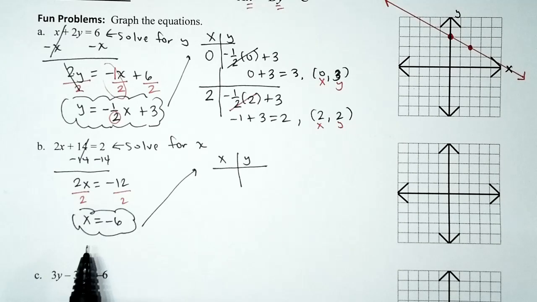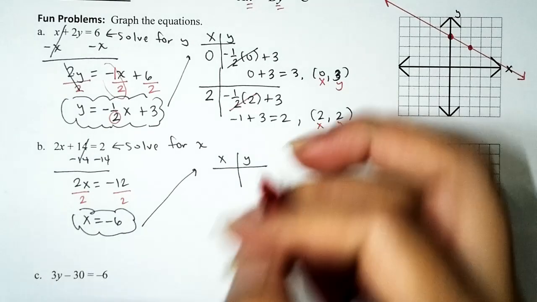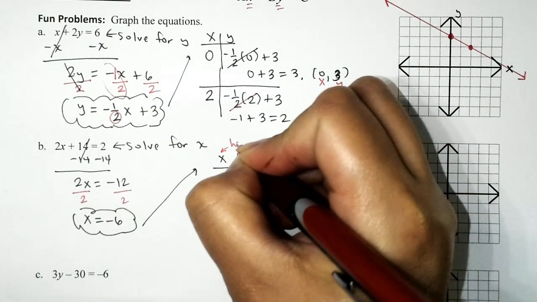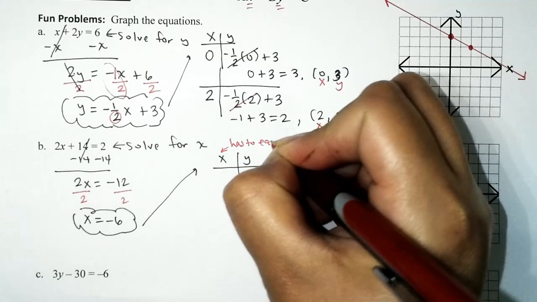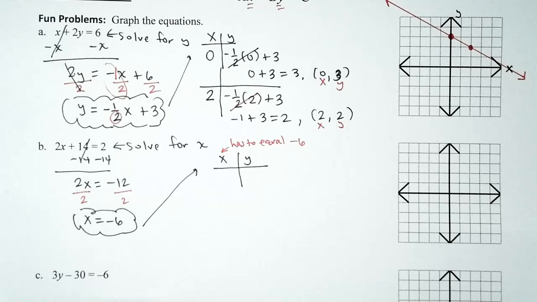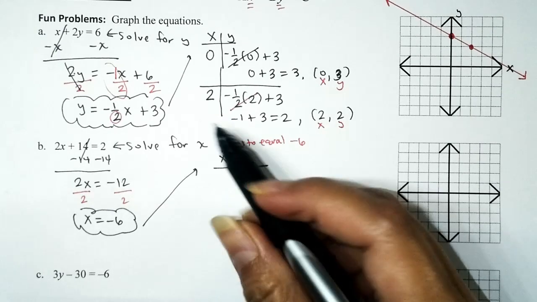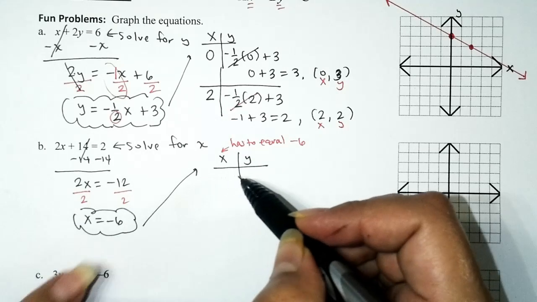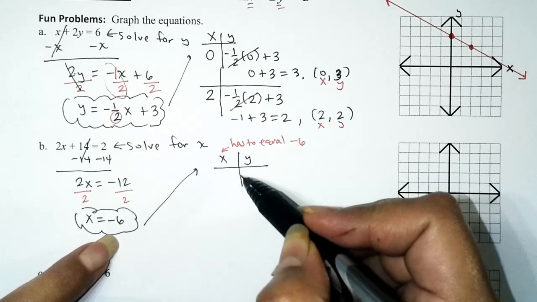But this equation requires that x always equals negative 6. So let me speak to myself. So x has to equal negative 6. Or you may hear me say, oh, it's locked in at negative 6. So in this case, I can't pick random values for x because x is locked in at negative 6. It has to equal negative 6.